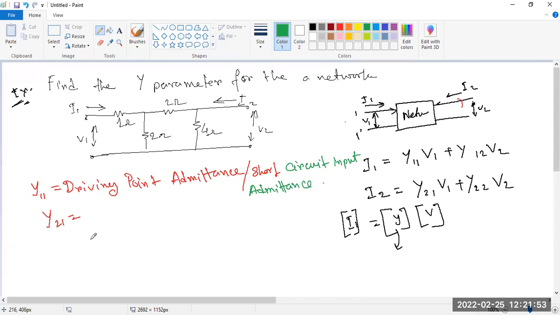Next is Y21. This parameter is obtained when V2, this portion, is short. It has a specific name: the short circuited forward transfer admittance.